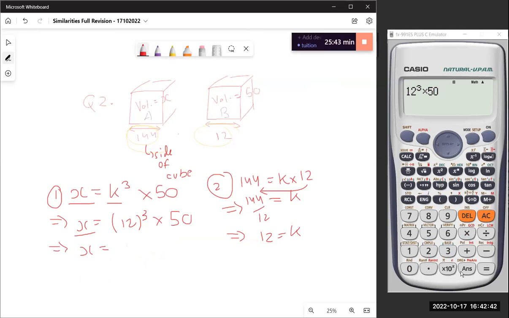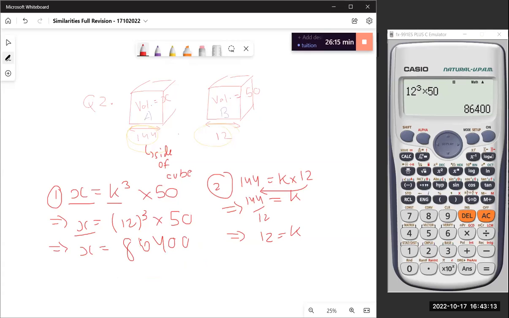Okay, I've got 7,536. That's not correct. Why? Look at the calculator on the screen. 12 cubed into 50 is how much? 86400. Now, Zahra and Safa, the Rashid sisters, have gotten it correct. What about the Abraham sisters?